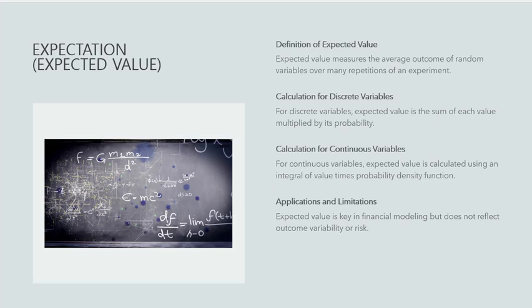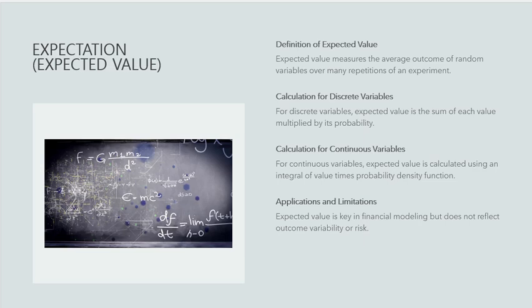So, expectation and expected value. Here we discuss the definition of expected value, calculation for a discrete variable, calculation for a continuous variable, and applications and limitations. The expected value of a random variable is a measure of central tendency representing the average outcome of an experiment where it is repeated many times.